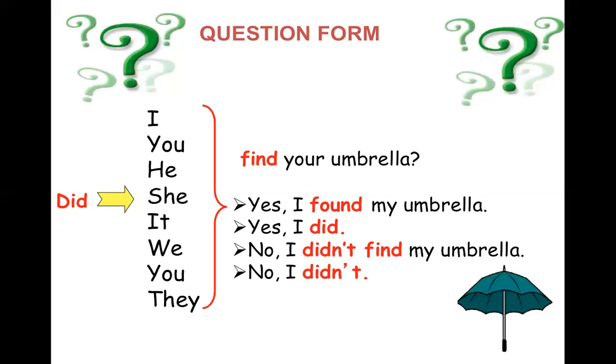Yes, I did. No, I didn't find my umbrella. No, I didn't. Look, you have to write the structure: yes, the person, then you can write the verb in past and the complement, or the short answer. Yes, I did.